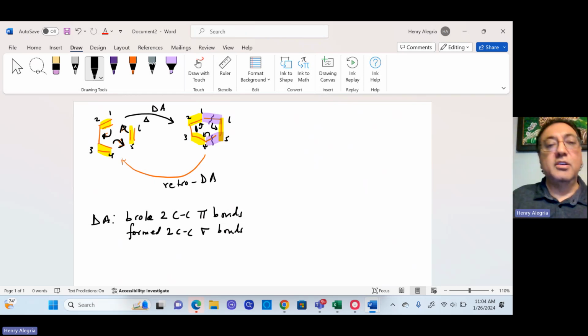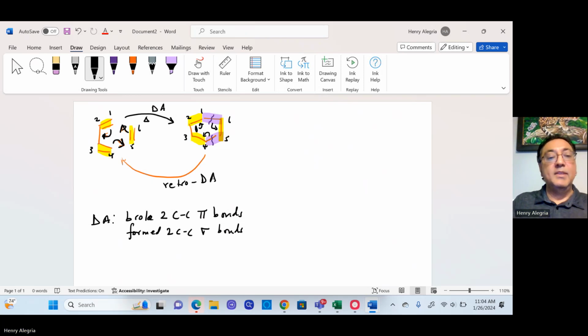Which bonds are stronger, pi or sigma? Sigma, we already know that, right? When I break bonds, that's endothermic, I'm taking energy. When I form bonds, that is exothermic, I give up energy. So to break 2 pi bonds takes in less energy than the amount of energy that is given off when you form 2 carbon-to-carbon sigma bonds.